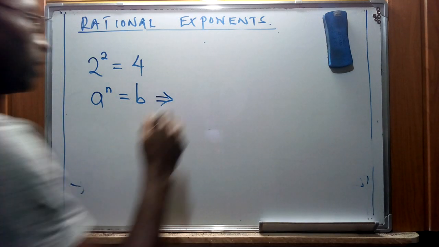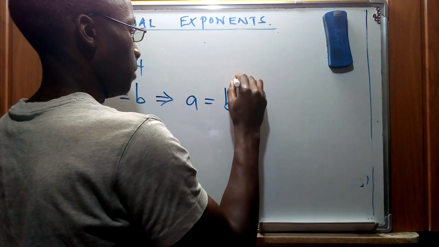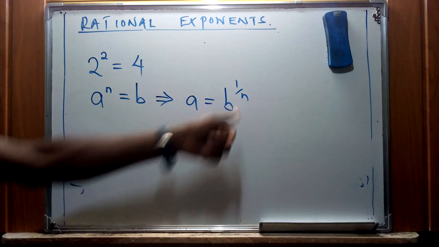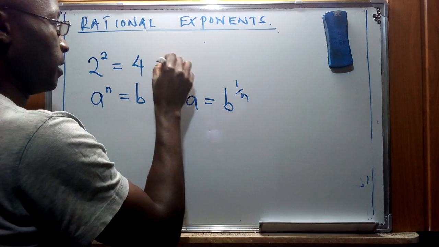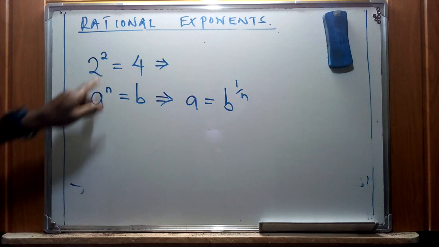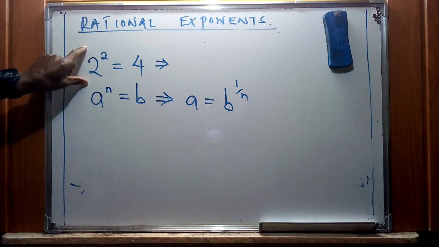For the second one, this implies that a can be represented as b raised to the power 1 over n. And if we give an analogous expression for the specific first part, 2 raised to power 2 giving 4, this is a general example while this one is specific.